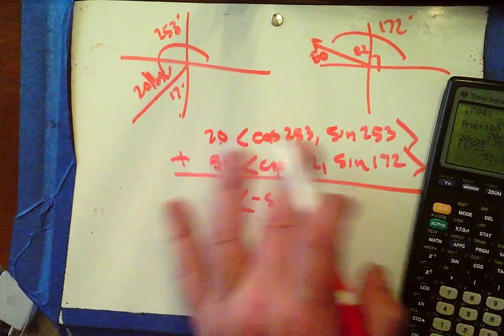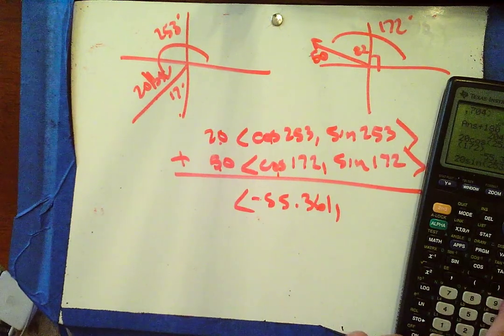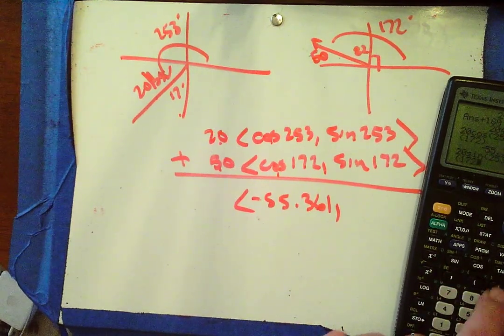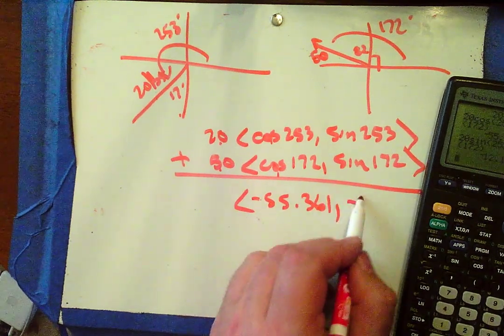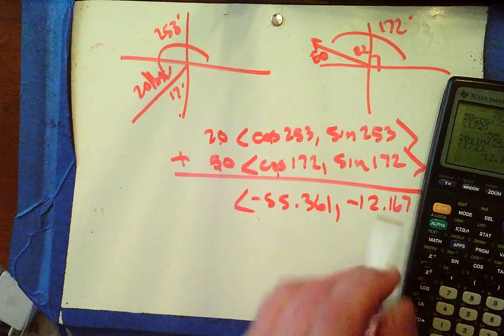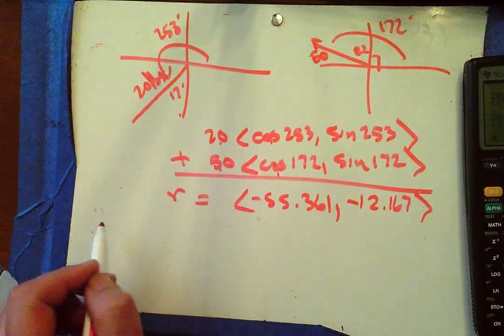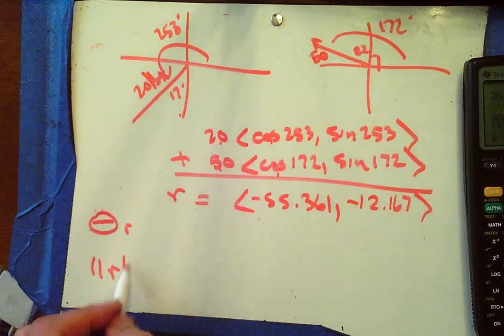Now for the sines, 20 times that, 20 sine 253 close parentheses plus 50 sine 172, and I end up with negative 12.167. There's r. We need magnitude of r and theta r.